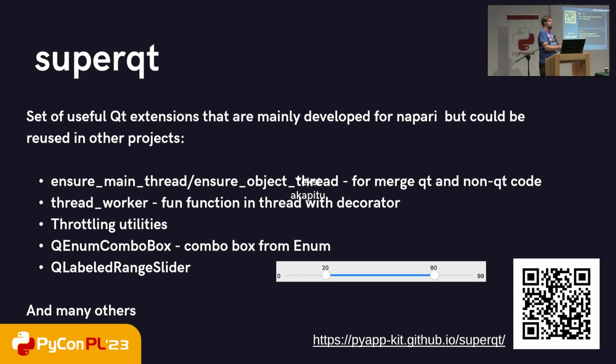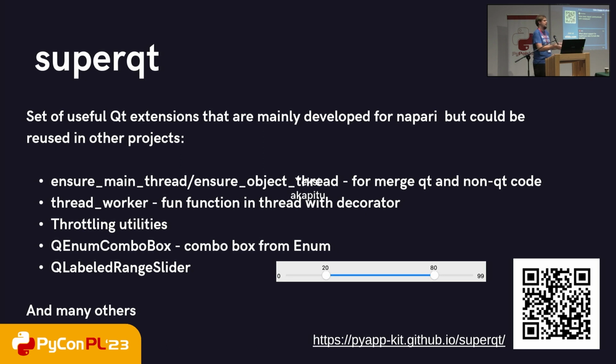Thread worker, so this is a decorator that changes a function into a thread with one line. You could connect a callback, it could work with a generator function or a simple function, so you could execute something in the background. It is critical for a GUI application. Some throttling utilities, and also some widgets that we think are fancy enough, like an enum combo box.